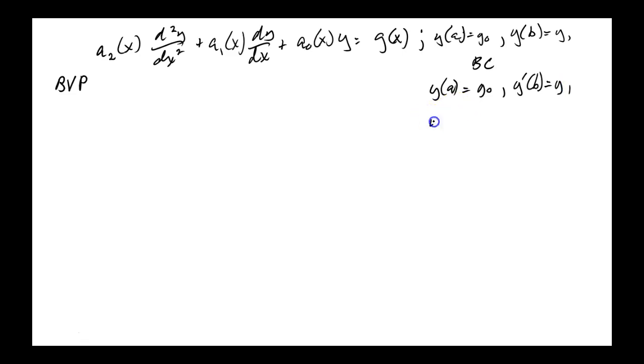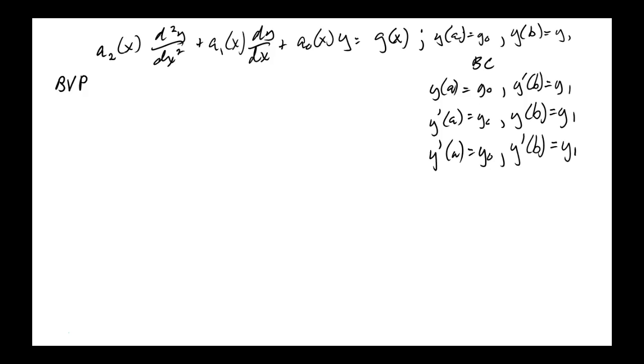Or you could use y prime of A equal y0 and y of B equal y1. That would be legitimate boundary value problem conditions as well. Or you could have y prime of A equal y0, y prime of B equal to y1.